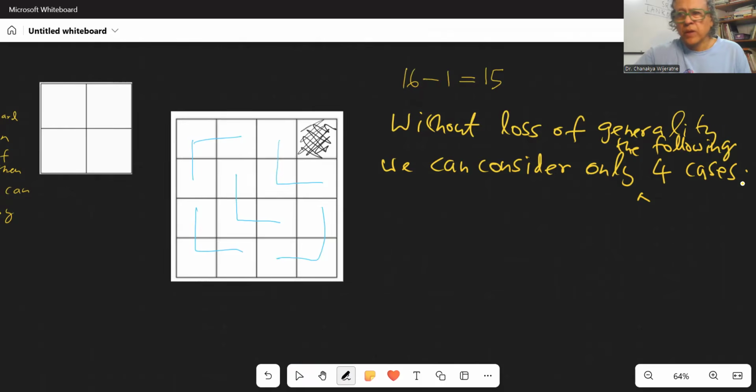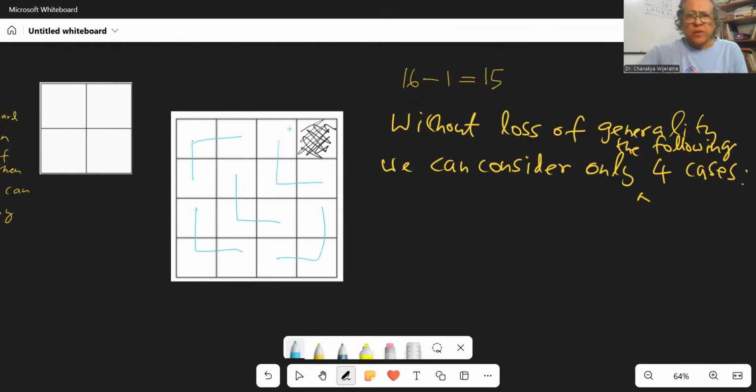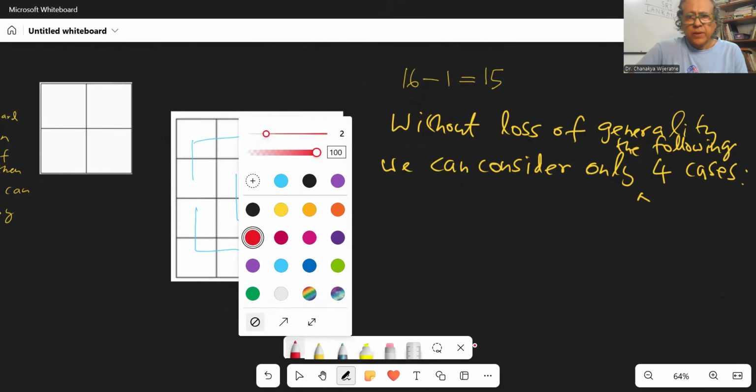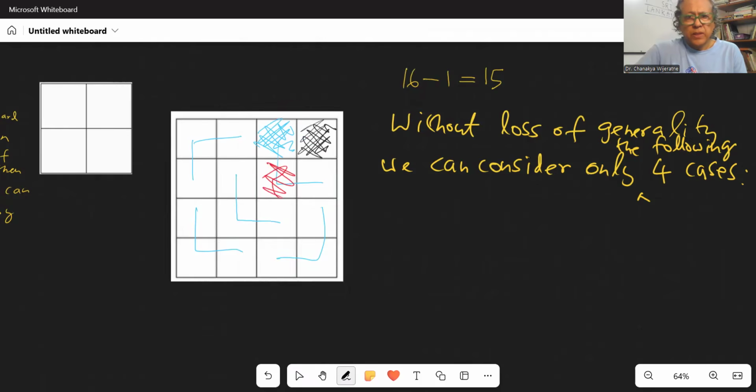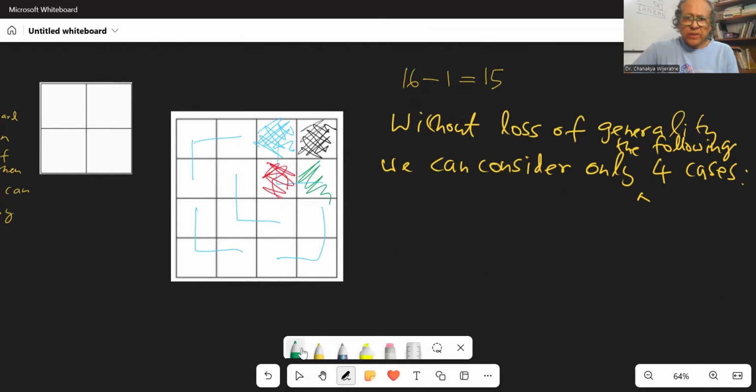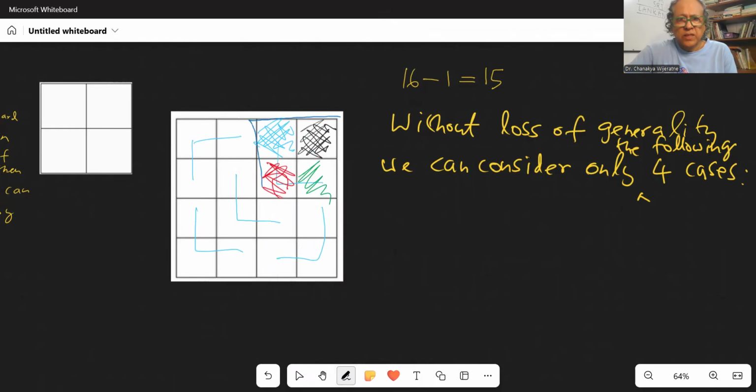So what are the 4 cases? I'm going to show the squares that we're going to remove. This, this, and this, right? Those four squares. So those are the squares in this quadrant, right? Now, why will we not lose the generality of the proof?